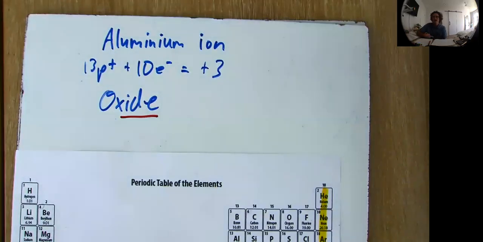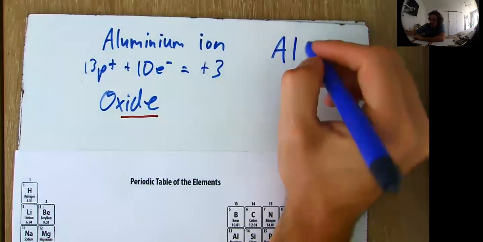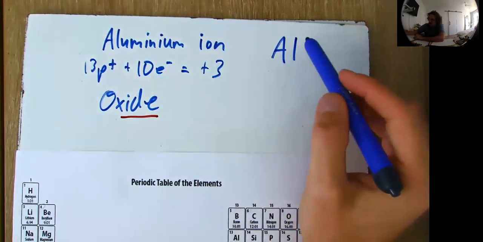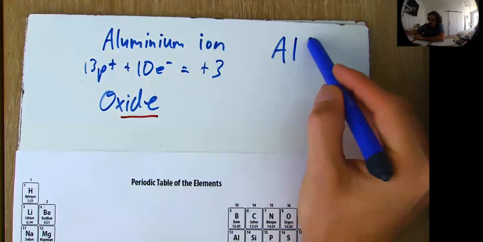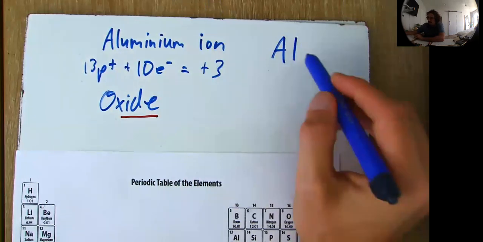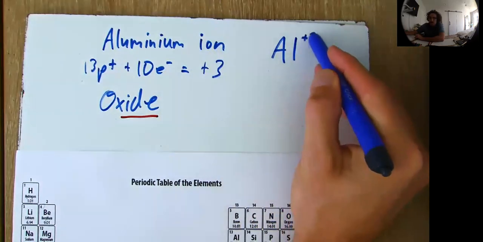Let's talk about writing the symbols down for these ions. So the symbol for aluminum is Al. And we learned in a previous video that the charge is written in the top right corner. If there's no charge written, that means it's an atom, it's not an ion. But since this is aluminum ion, we write a +3 right there in the top right corner.